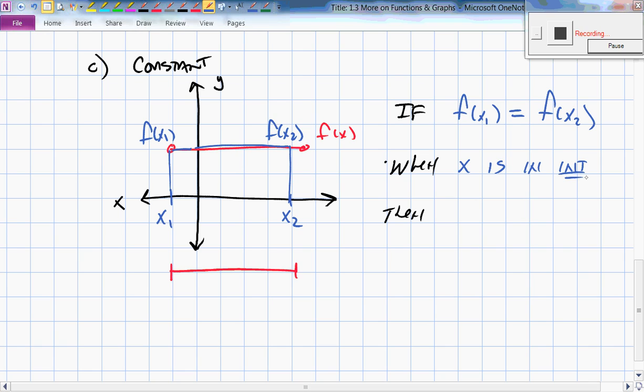The reason we say when x is in the interval here is because the output is the same no matter which x's you pick. So it doesn't necessarily have to be that x1 is less than x2. If the outputs are the same for any two x1 and x2, then we can say f is constant on interval. Nice and big for you.